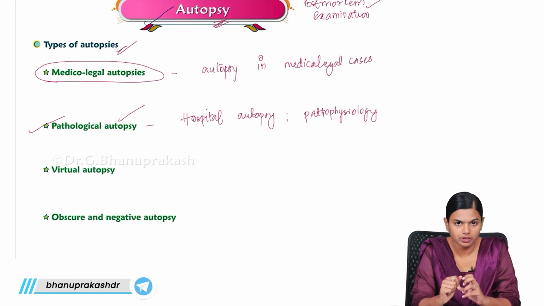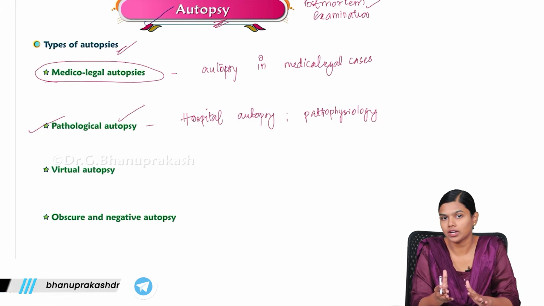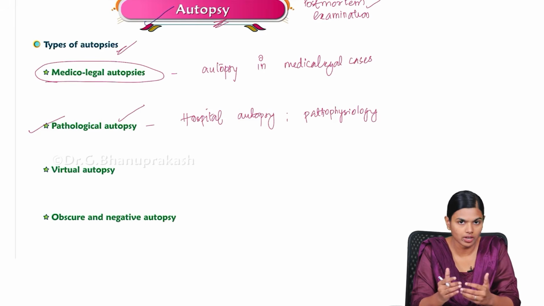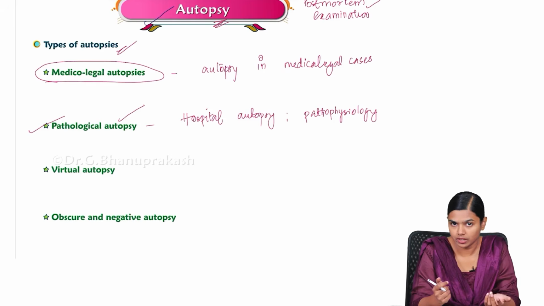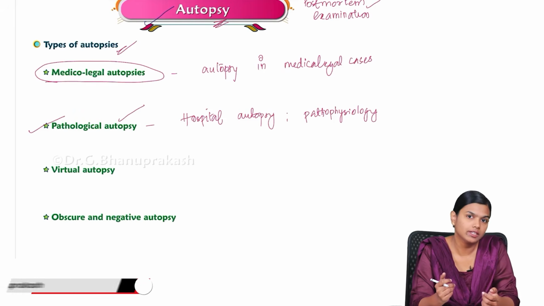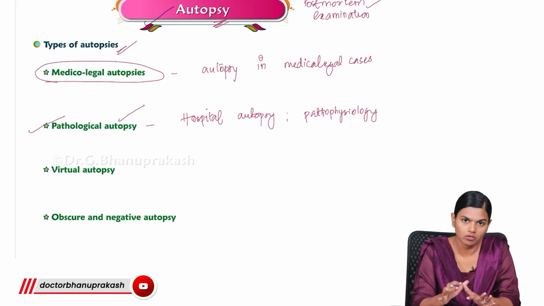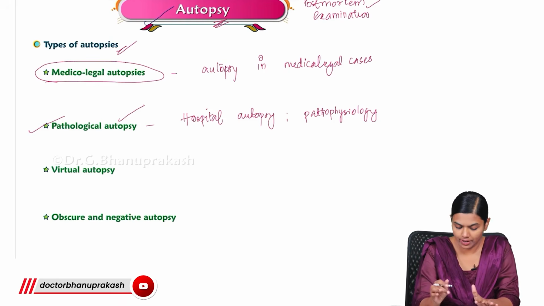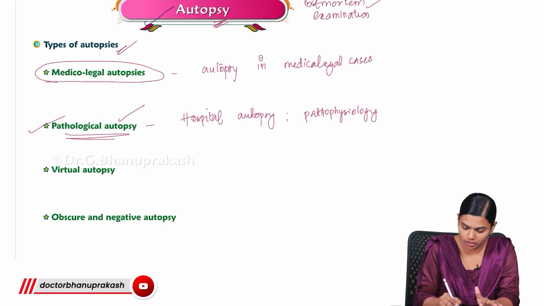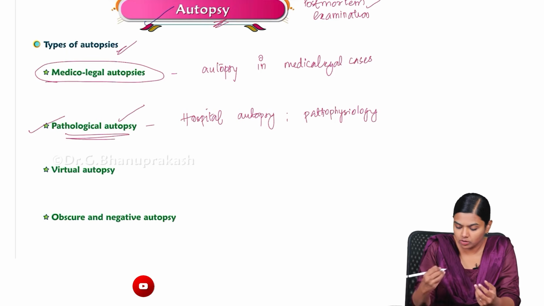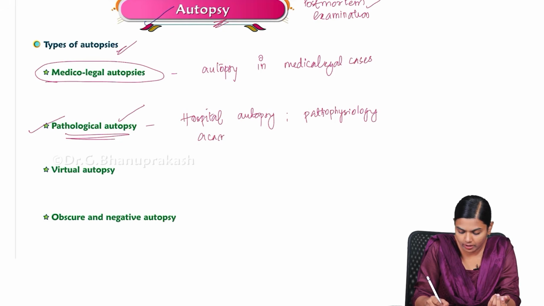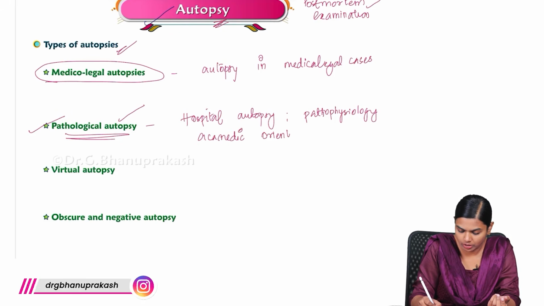You can take samples, study those samples, do microbiological analysis, histological analysis, biochemistry analysis, all sorts of analysis. You can do all the imaging studies. Post-mortem, you will be doing all the investigations just to know about the pathophysiology of a particular disease. So, this kind of autopsy is known as pathological autopsy, and this is mainly done for academic orientation.